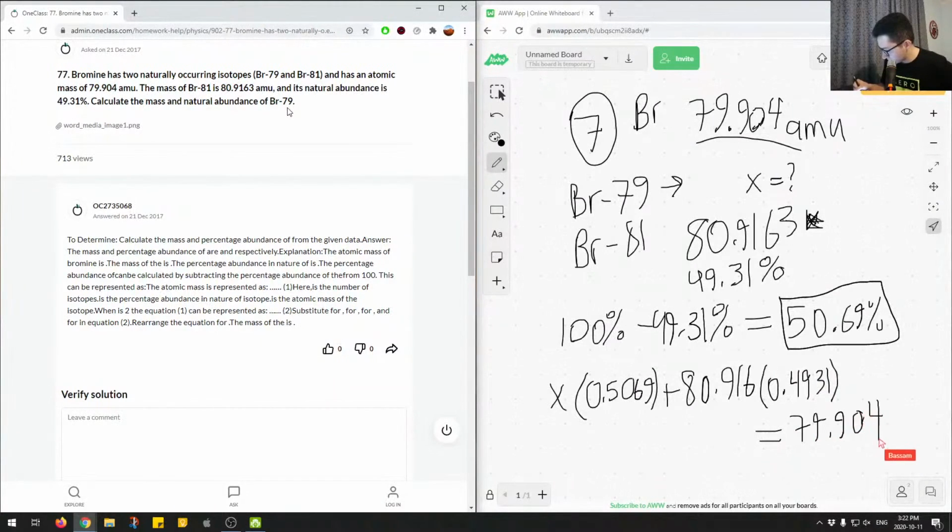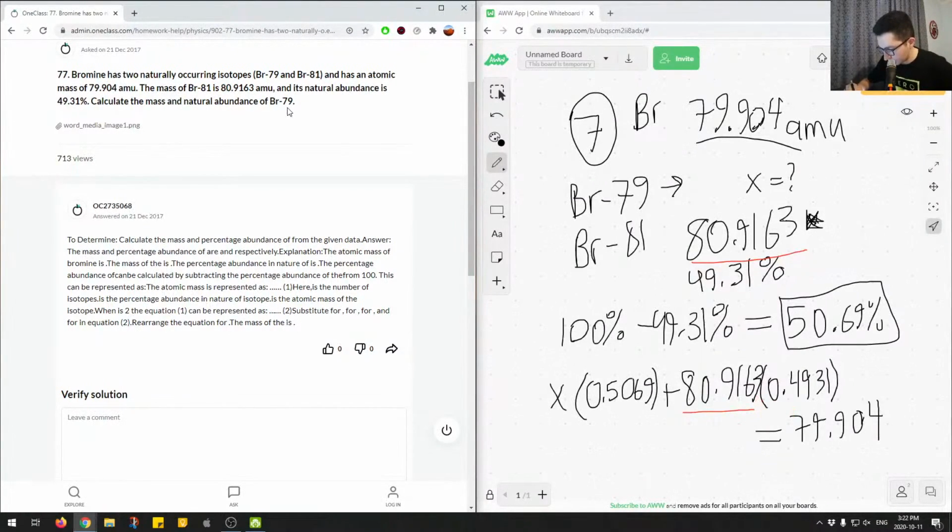79.904. Let me underline some numbers. We got 79.904 from up here, and we obtained 80.9163 from up here. I actually missed a number, so there should be a 3.